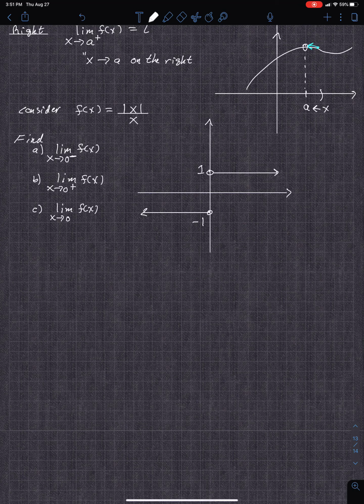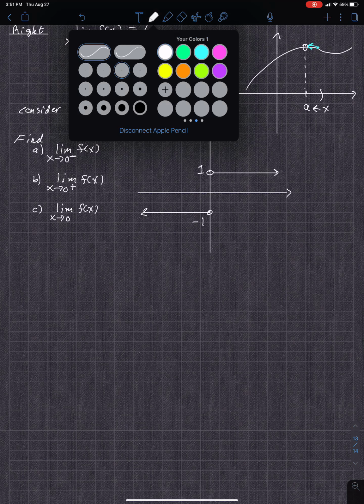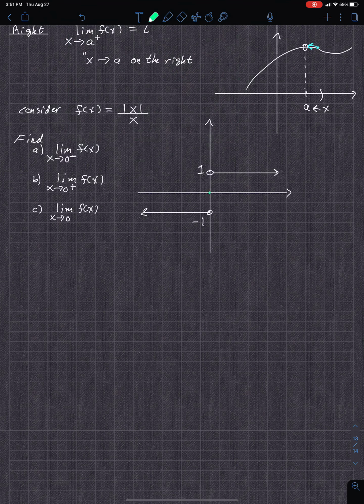When we're approaching 0, which is the origin, right here, on the left, like this, what's the function approaching? So if you're going like this, we can see that the function is getting closer and closer to 1. In fact, it's coming in on the bottom side, but that's not really the point.